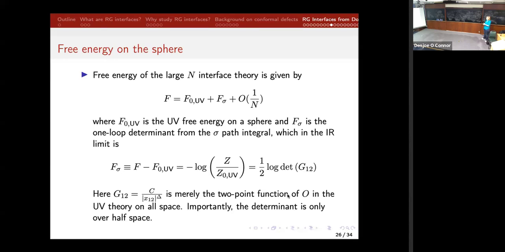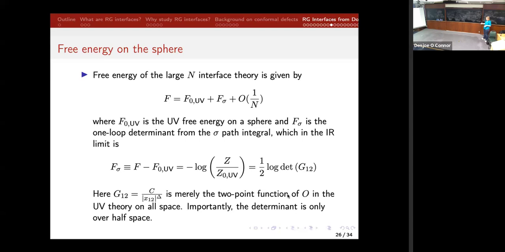In this case, we had to compactify the theory. We started on flat space, but we're interested in the free energy on the sphere because, mostly, if you are on a curved space, you can get a Weyl anomaly, and then it can tell us something about the boundary entropy.